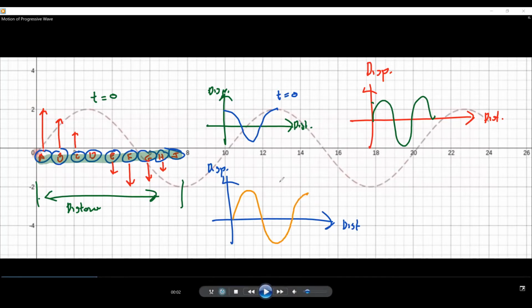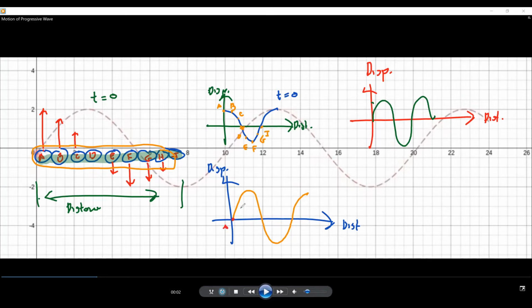All right, it's still the displacement of all these individual particles here, but at different timing. So I could say that this one was the displacement of particle A, B, C, D, E, F, G, and I.